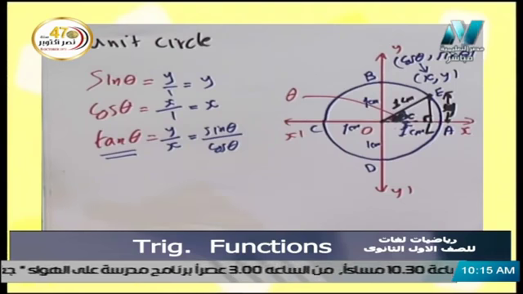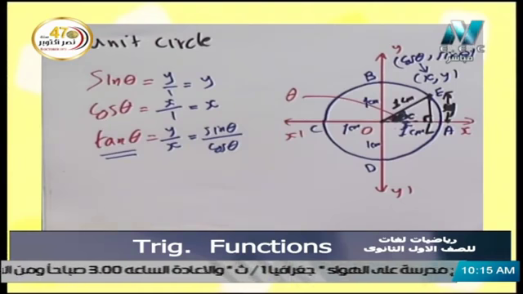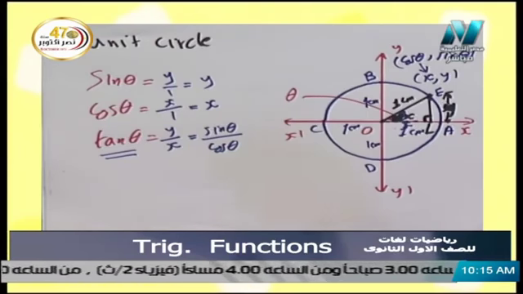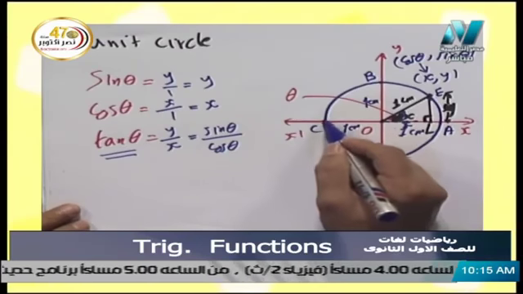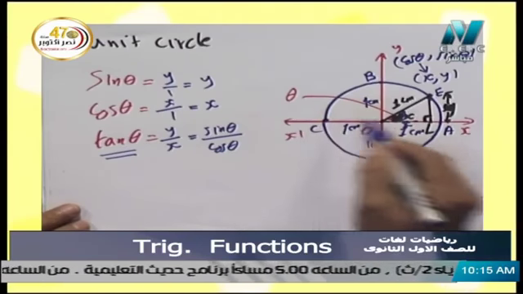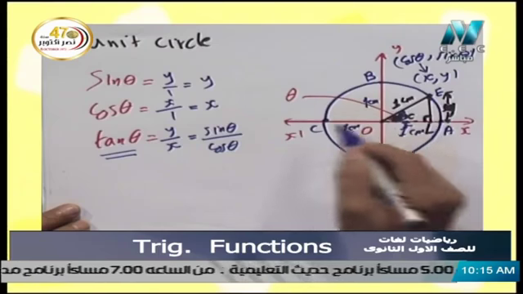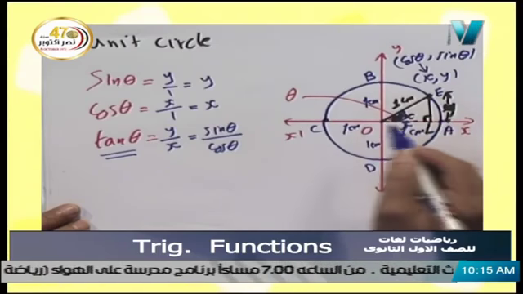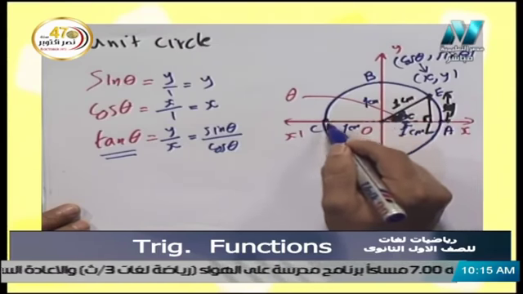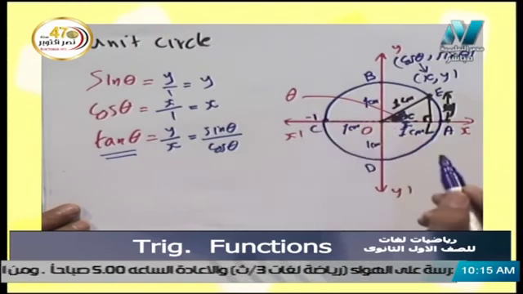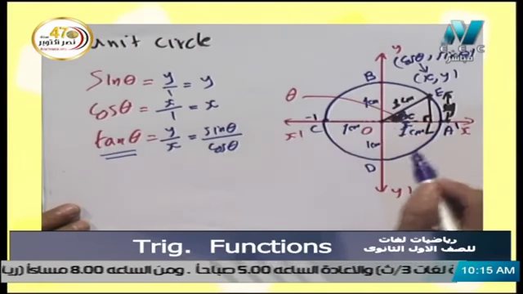Okay, let's move to another thing about the interval of x. X here on the unit circle, starting from this point to this point, from C to A. This part is 1, but we have here -1, and we have here 1.